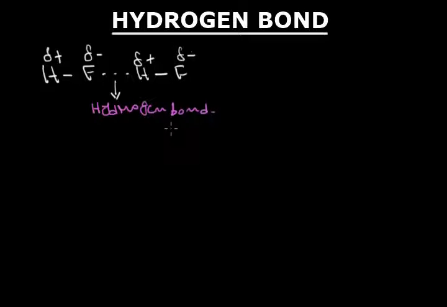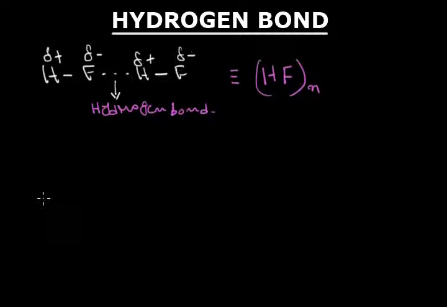Due to formation of this hydrogen bond, a large number of HF molecules are associated with each other, and this can be written as HF whole n.